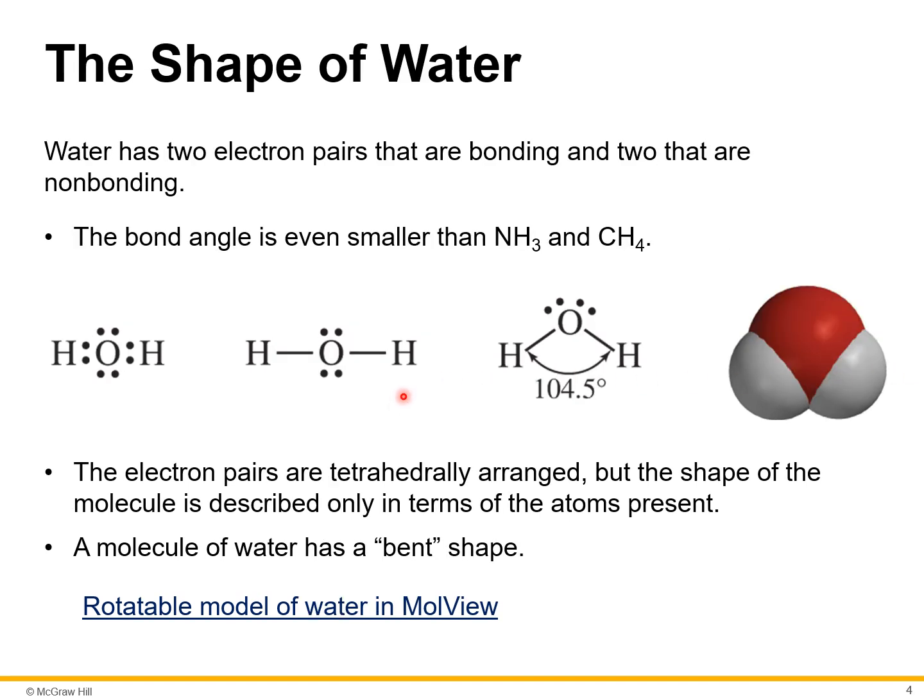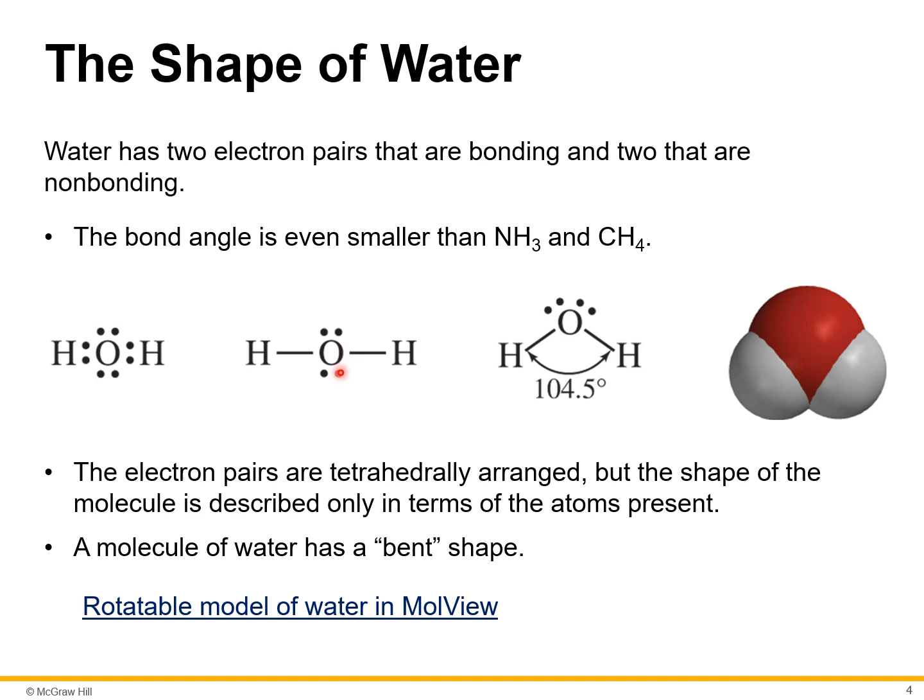The next one is for water, and this is the correct Lewis structure for water, which has 2 bonds to the left and right, or 2 groups, left and right, and we have 2 lone pairs.